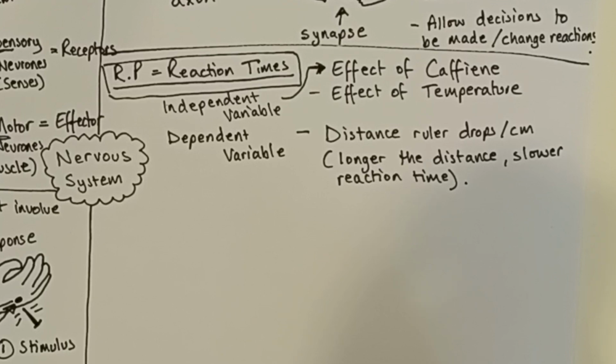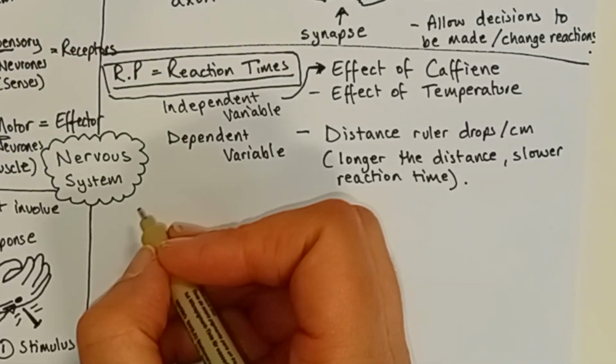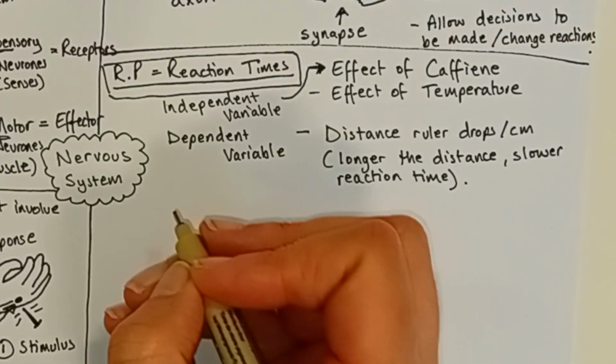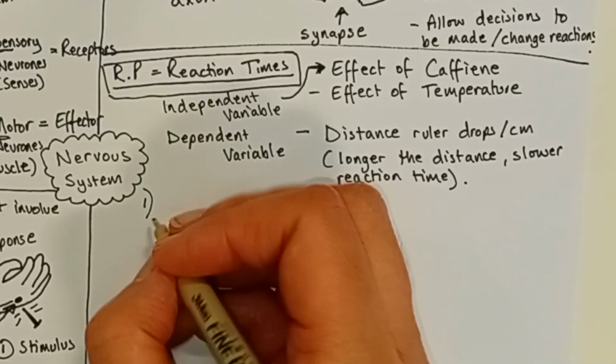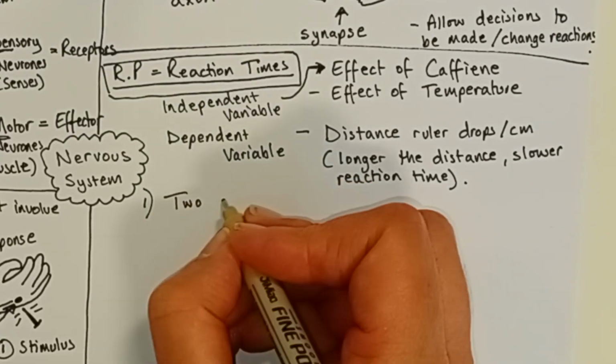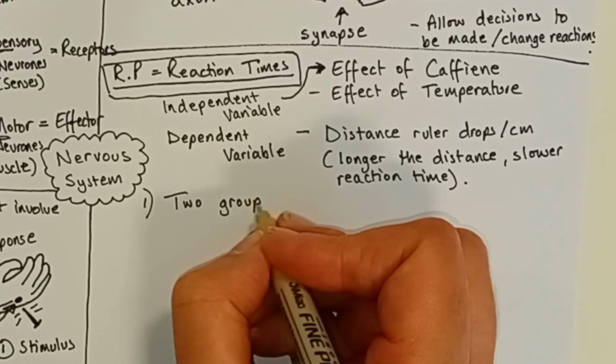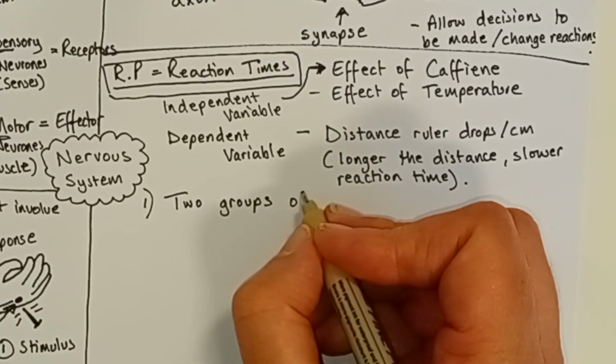All right then. So if we were asked to write a method for this, and this has been a 6-mark question in the past, the first thing we need to do is to make it clear that we're going to do repeats, or we're going to do it with a group of individuals. So I'm going to say that I'm going to get 2 groups of people. 2 groups. And I'm going to say I want 10 people in each group.